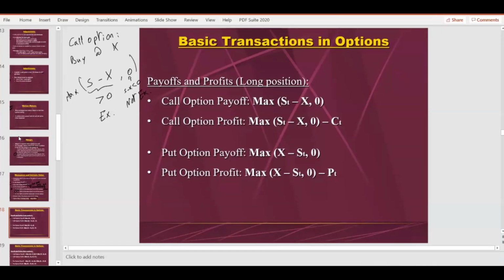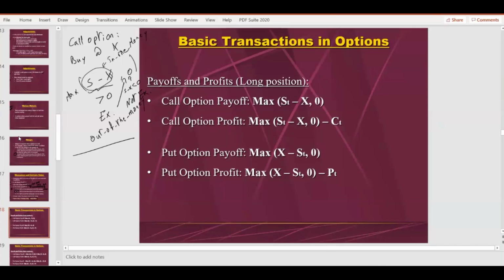If S minus X is positive, if the option is in the money, I will receive S minus X. So this is when the option is in the money. If the option is out of the money, I will choose not to exercise, and I will get 0 for my payoff. So this is the payoff.